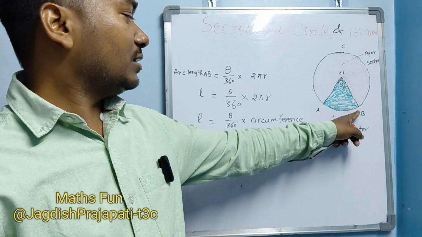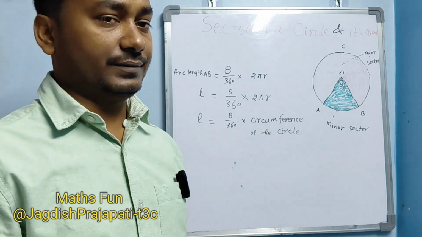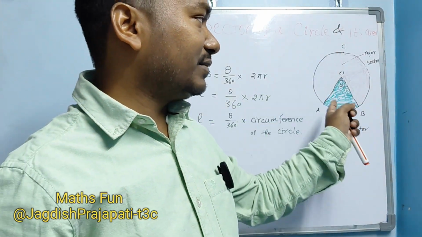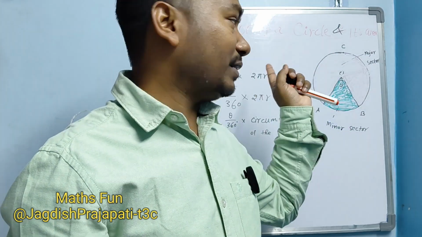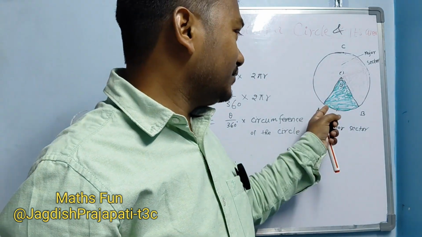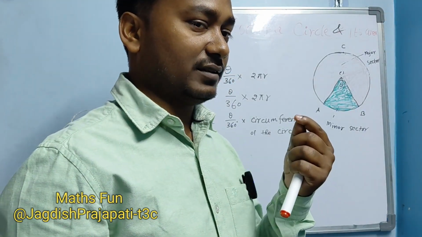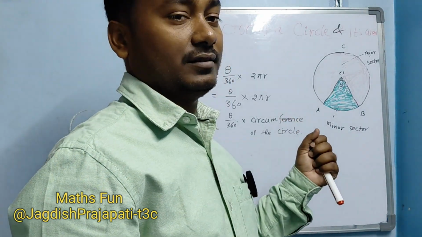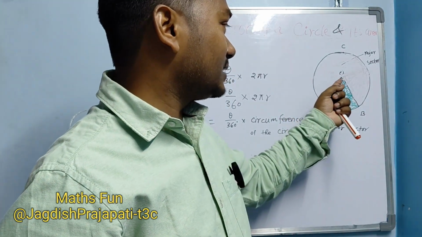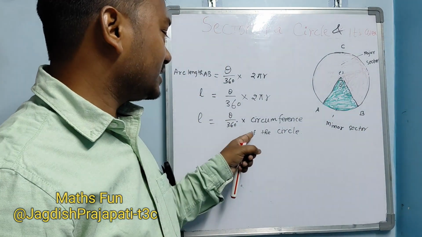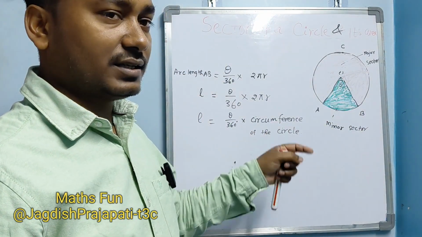So this will be the arc length AB. Just like the circumference of the circle we studied for the complete circle, now we are studying only a part of that circle, a fraction of that circle, that subtends an angle theta at the center. So its arc length is theta by 360 into circumference of the circle.